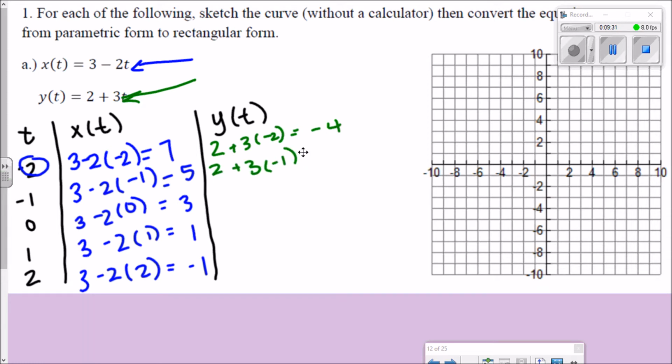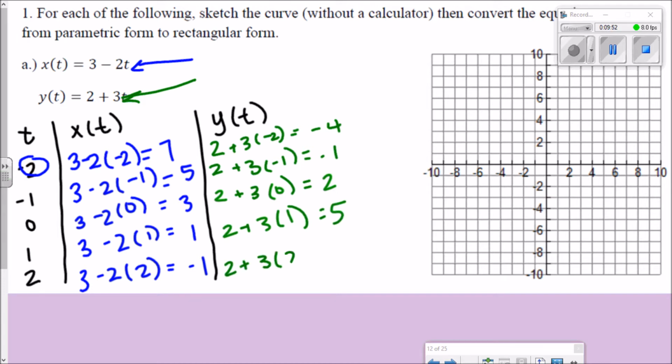Now I'm going to plug in -1. 2 minus 3 is -1. For 0, 2 plus 0 is 2. For 1, 2 plus 3 is 5. For 2, 2 plus 6 is 8. So here are all of my x and all of my y values.